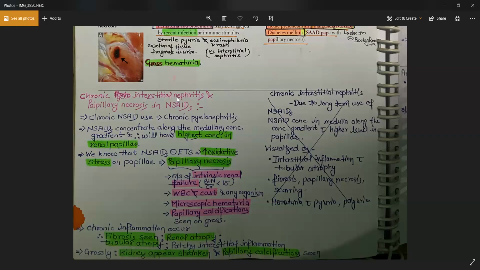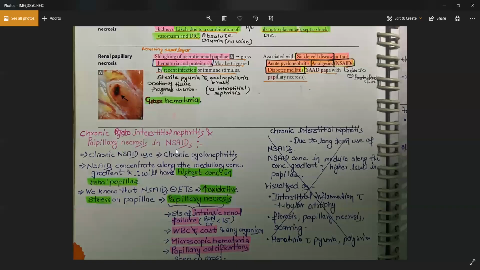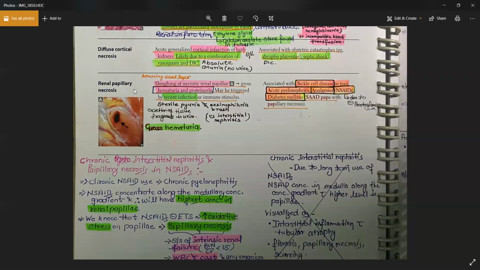In that case, calcifications on the renal papillae will be seen, intrinsic renal failure will be seen, and all the signs and symptoms of intrinsic renal failure will be there. WBCs without cast will be there. Hematuria, calcifications, fibrosis, atrophy, all of these things will be seen in renal papillary necrosis.